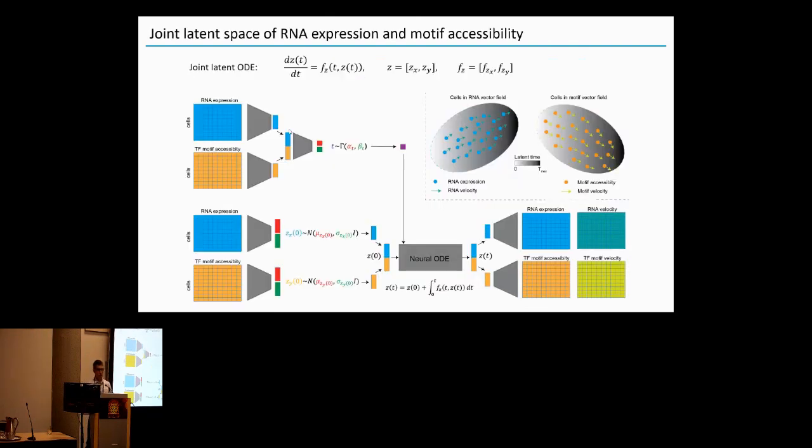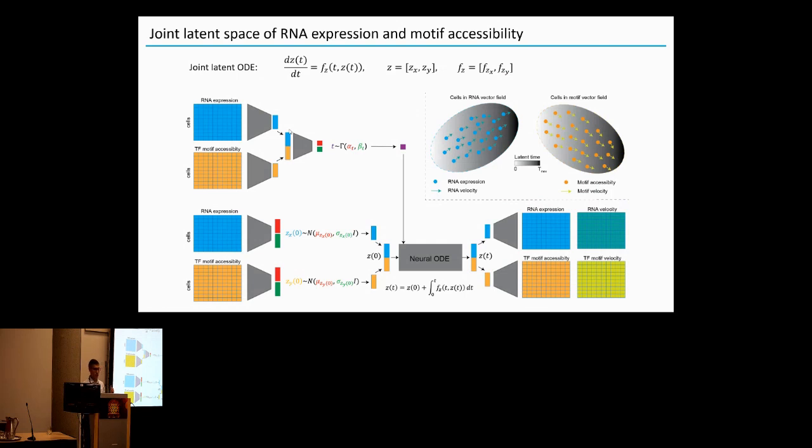I'm not going into the details of the model. This is just the architecture that we're using, a variational autoencoder architecture, because the observation space could be huge. We can learn these ODEs in that space. So we bring this down to some lower dimension space, and in that lower dimension space, we model these dynamics with neural ODEs. Basically, these functions are very expressive, and they can learn all kinds of dynamics.